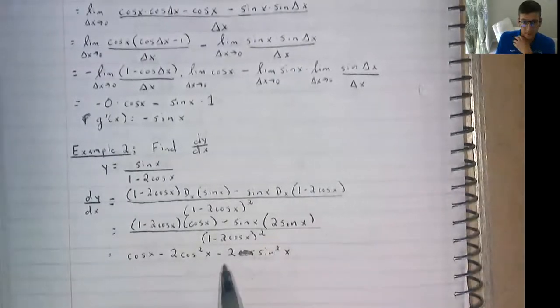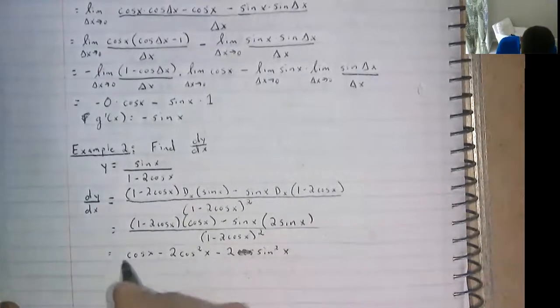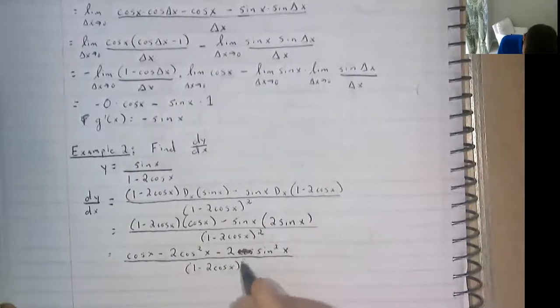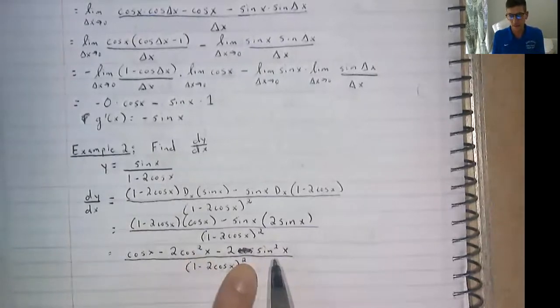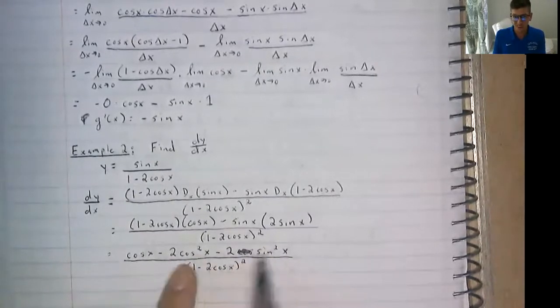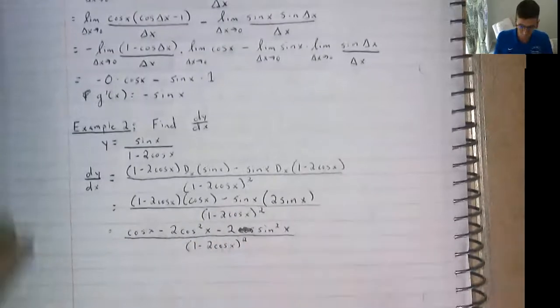I really feel like there's an identity hidden in there, so let's go find it. Anytime you got cosine squared and sine squared, you really want it to be 1. So I think in here we can make that happen.